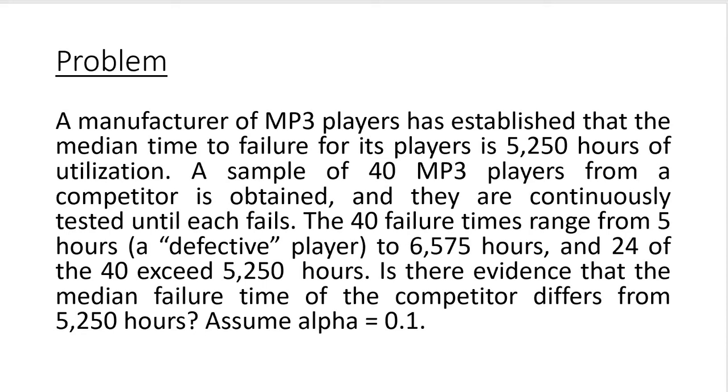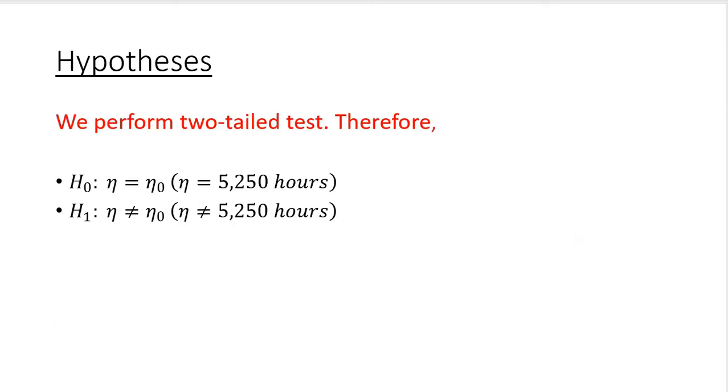Okay, so basically we want to figure out whether the median is different from some reference value. I hope at this point you figure out that we are going to perform a two-tailed test. That's why we formulate the null and alternative hypotheses in the following manner.